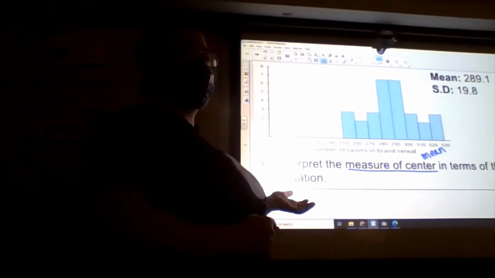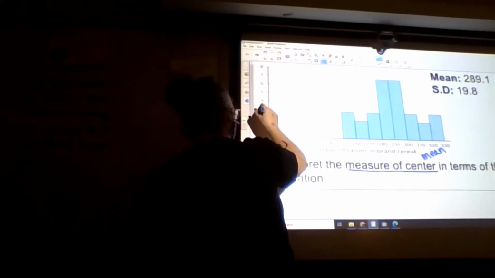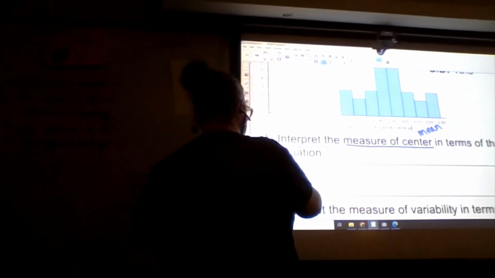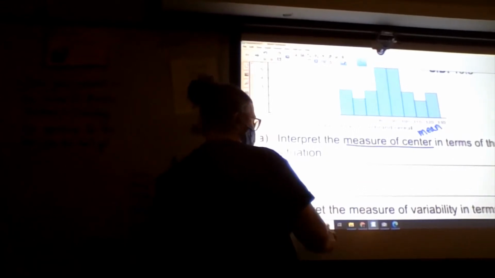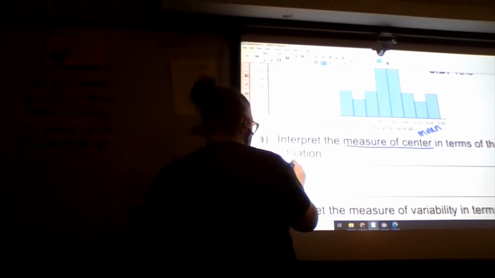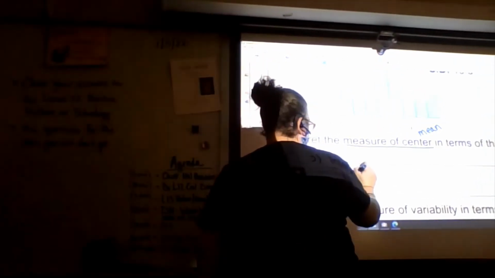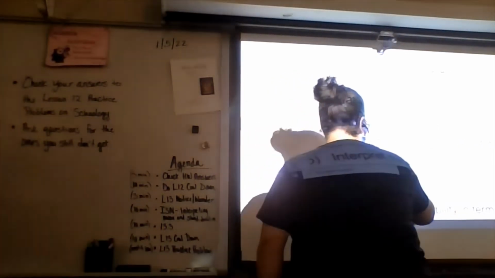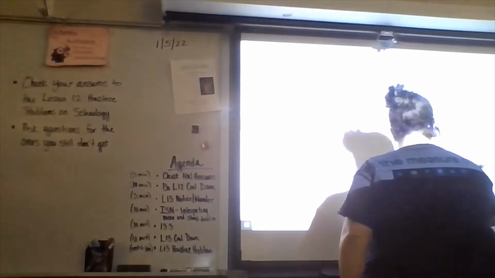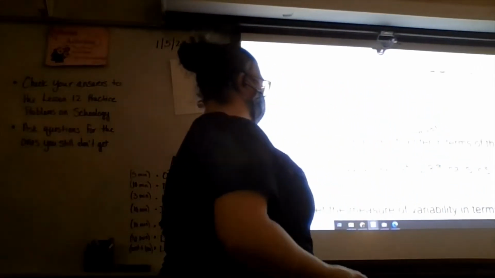So we can say on average, there are, yeah, so you can say 289.1. You could probably also say about 289, right? Because we're probably going to look at whole numbers of raisins, but on average, there are about 289 raisins in what? In a box of brand name cereal.